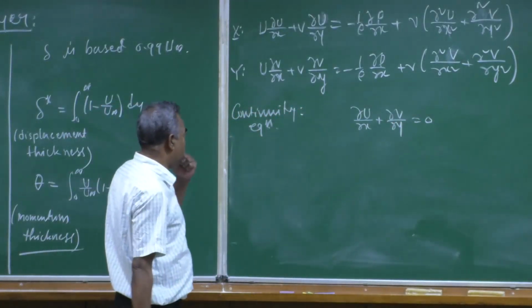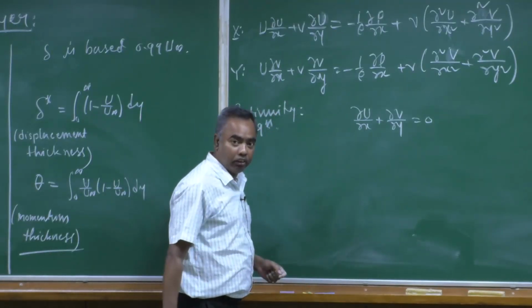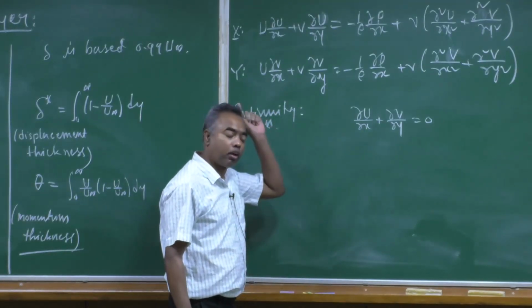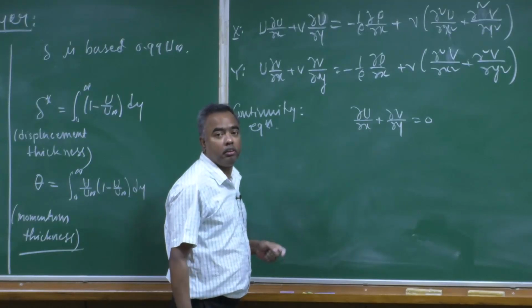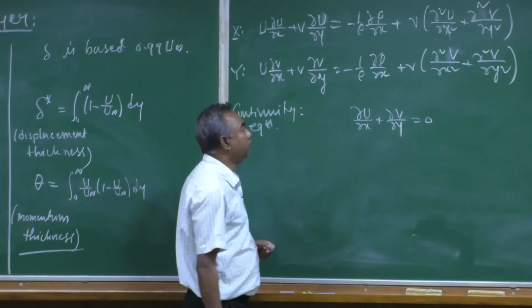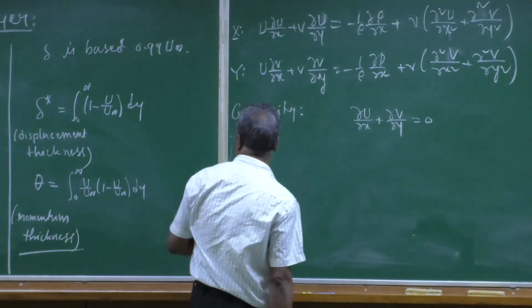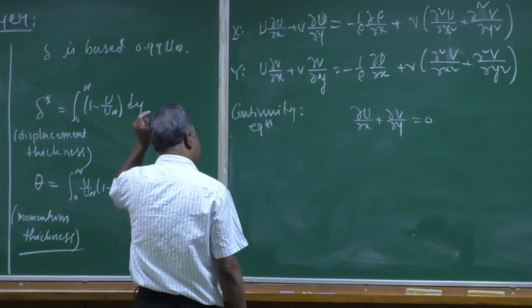Okay. So, this is the complete Navier-Stokes equation for steady two-dimensional flows. This sort of equation will be useful.